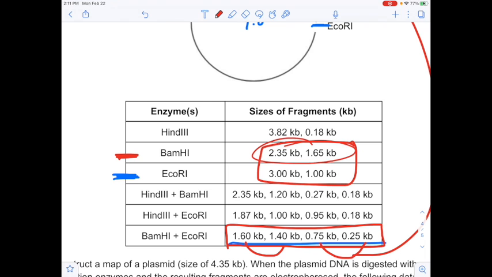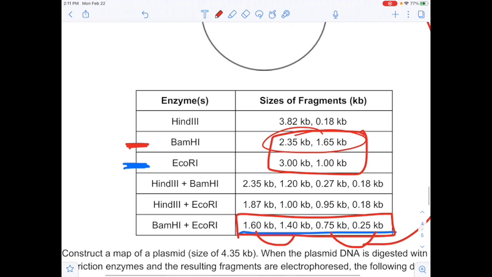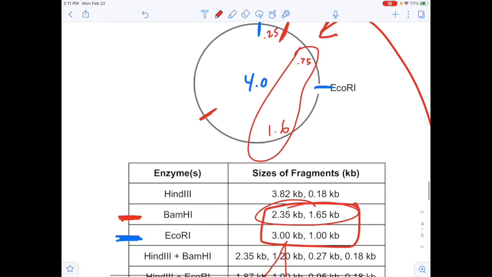So this 3.0 section is going to get broken up. Remember, the 3.0 gets broken up into the 1.6 and the 1.4. So let's put the 1.6 here. And if I do that, then do these two add up to one of these two BamHI numbers?